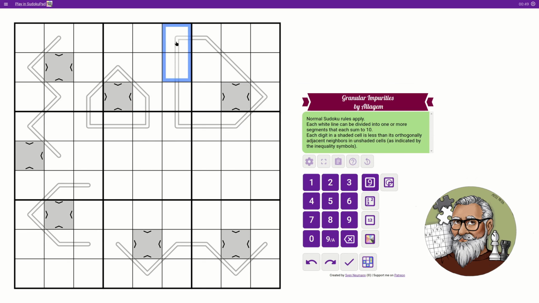Right, so these are new to me. Do they have a name? They probably have a name. The decimal lines, I have no idea. Right, so they are one or more segments that sum to 10. Each segment's digits sum to 10. So each segment is a minimum of 2 cells, right?